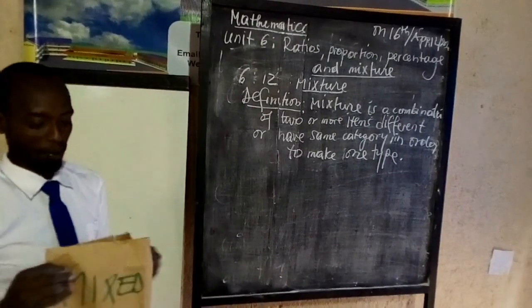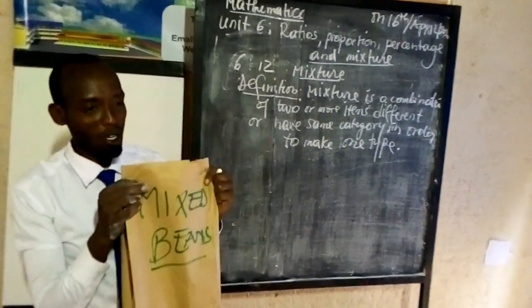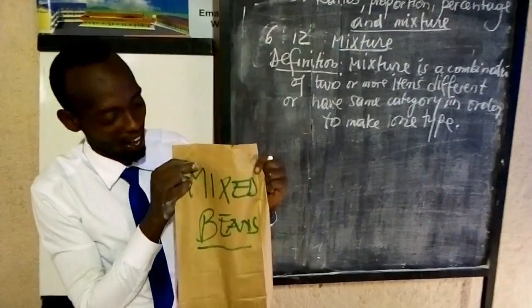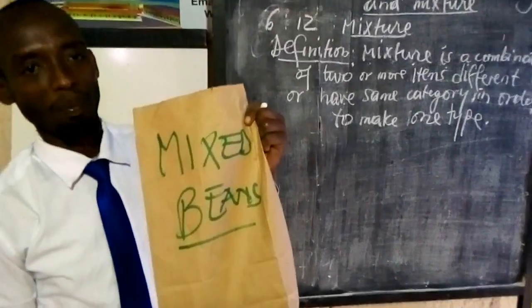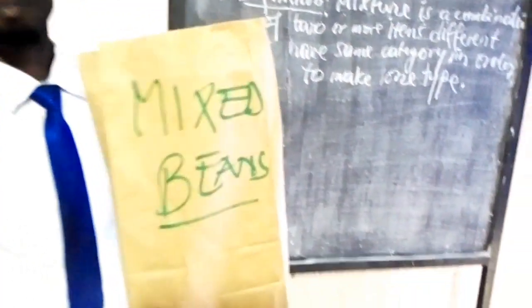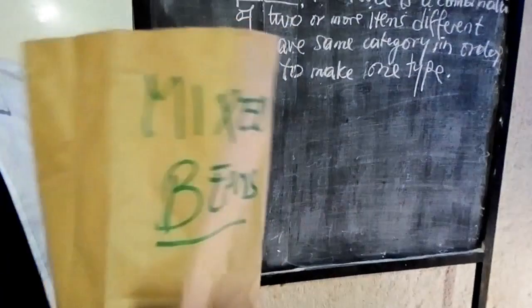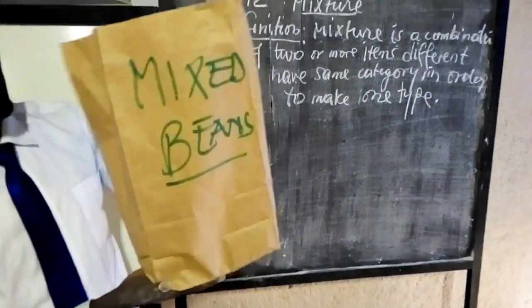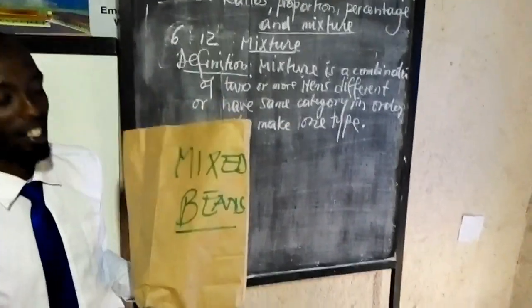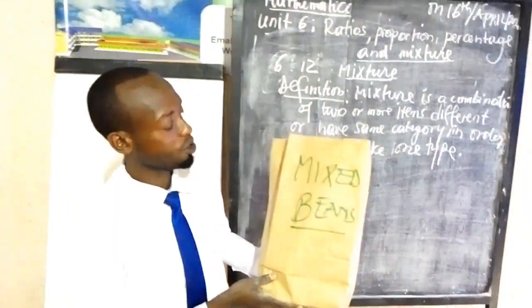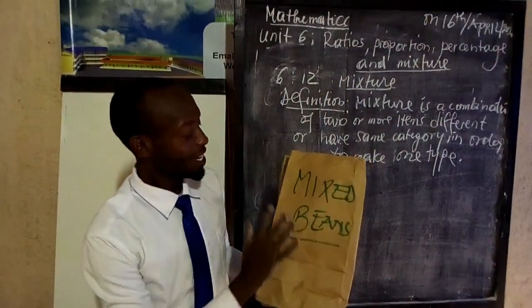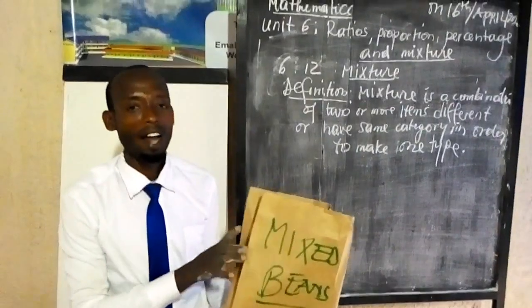After combining those 2 categories of beans, I get a mixture. I had 2 kilograms for the first package, and for the second I had 3. After combining them together, I get a mixture of 5 kilograms of beans. That is what we call the word mixture.